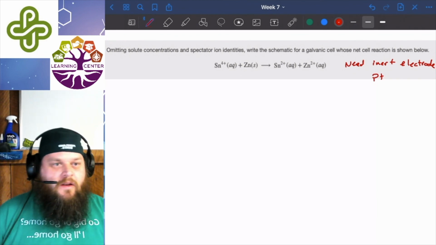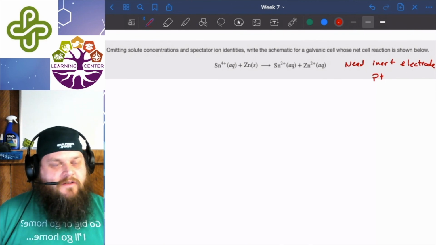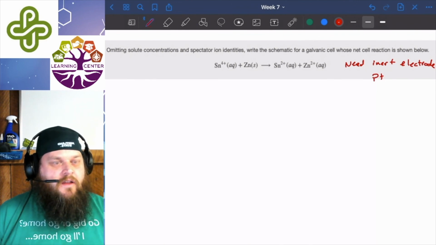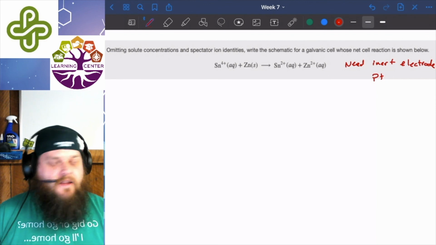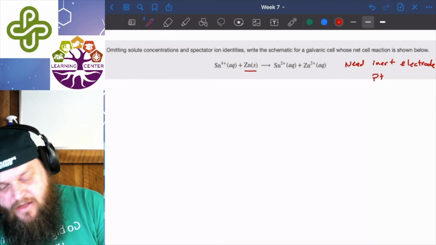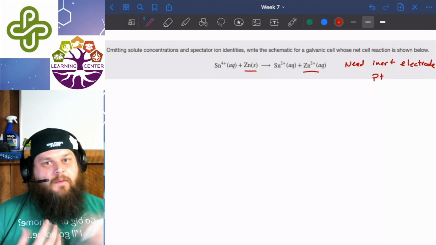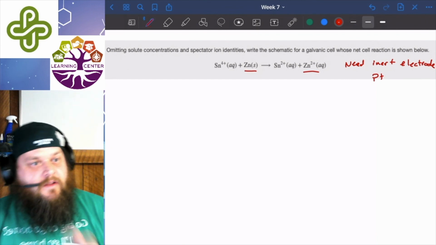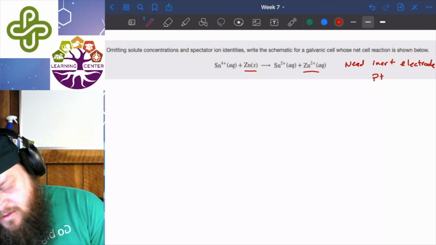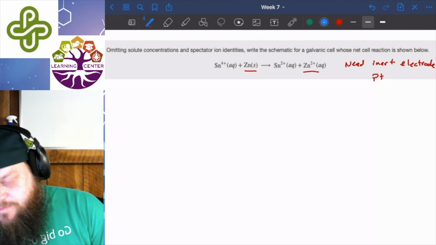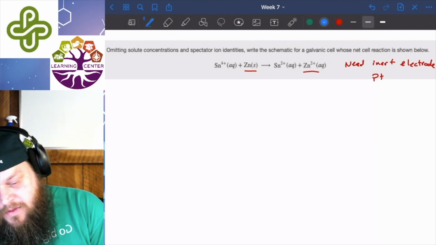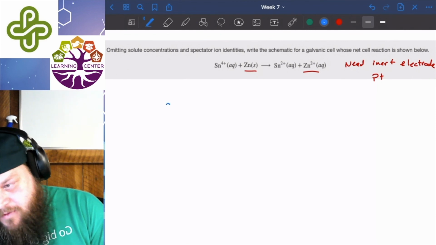Looking at the one, it's always the anode as the start. And so the anode is the oxidation. The oxidation is the one that's losing electrons, which is going to be our zinc, because our zinc is going from a neutral charge to a positive charge, becoming more positive. So it's going to be losing those electrons. I'll just write out the half reactions first.